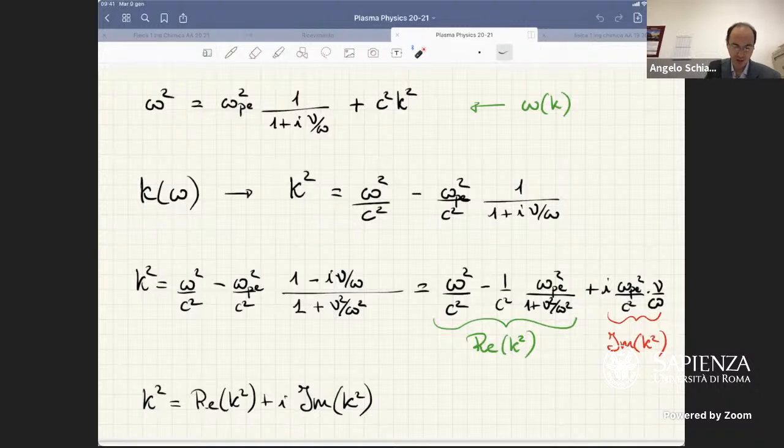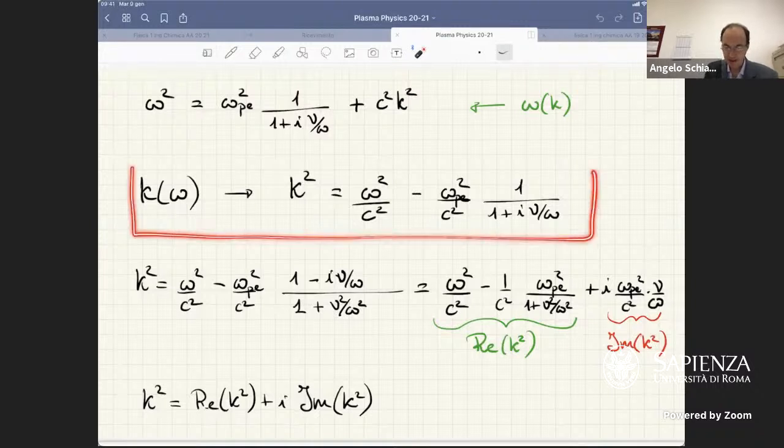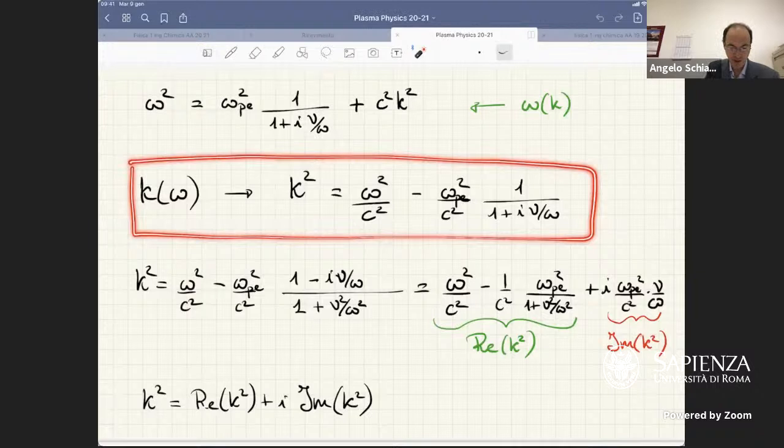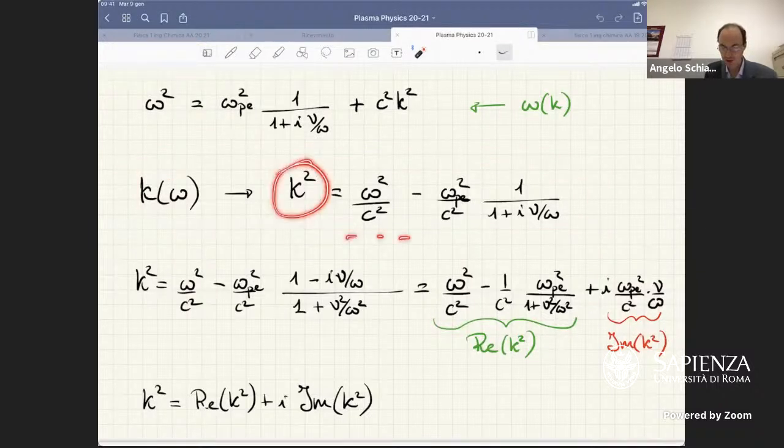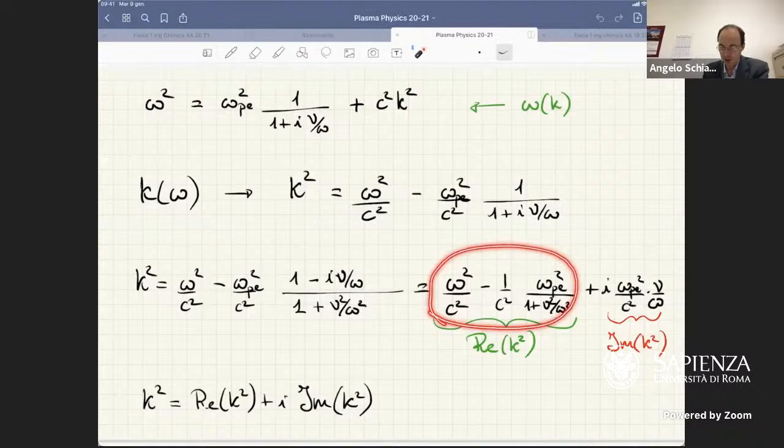So we rewrote the equation in terms of k, so k squared equals a function of omega. And we divided the k squared equation into two terms, a real part and a pure imaginary part.